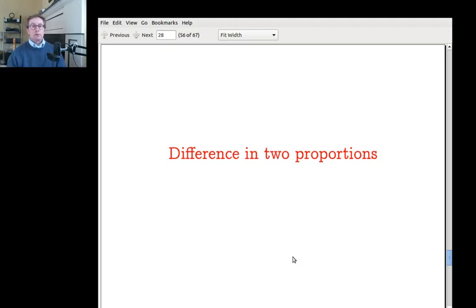Again, another example. Suppose we took first-year students and asked them, are you satisfied with the food in Alio? And then we took fourth-year students, seniors, and asked them, are you satisfied with the food in Alio? And we look at the two proportions. Of course, when we do that, we get a difference.